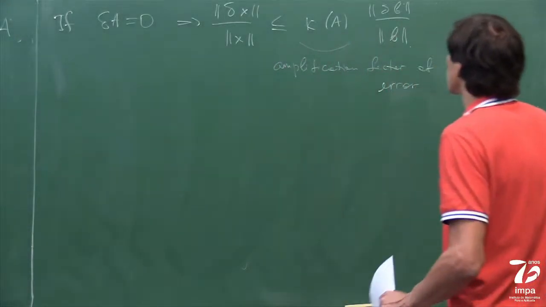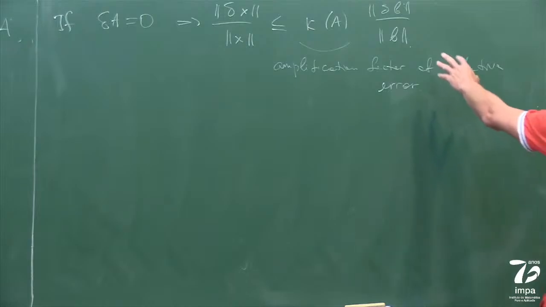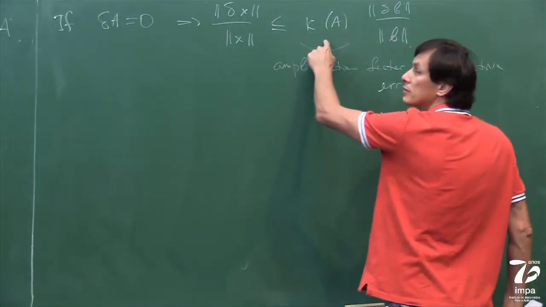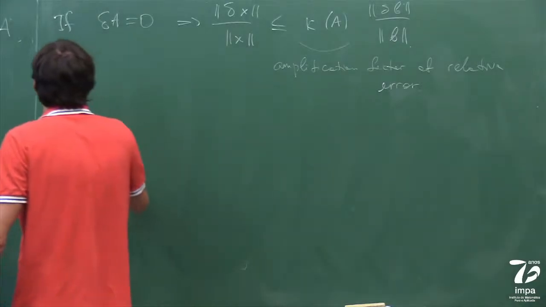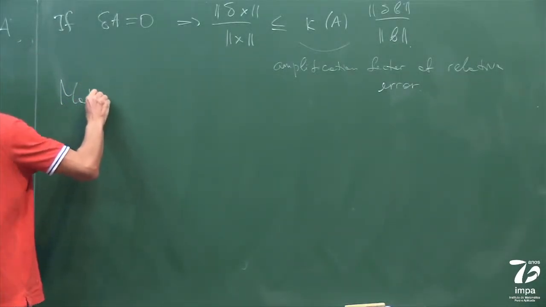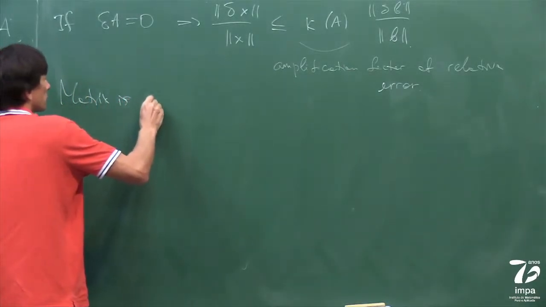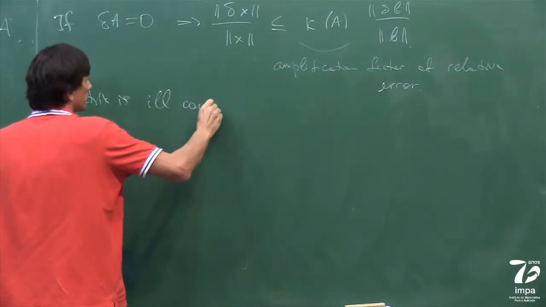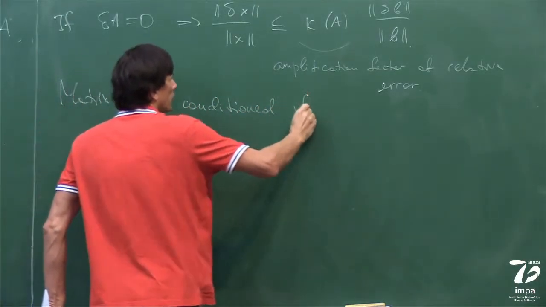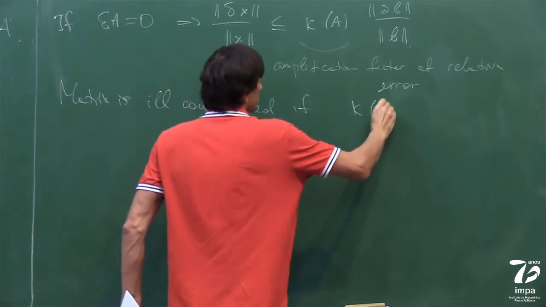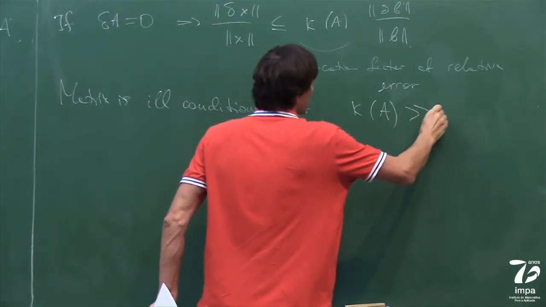So whenever your right-hand side is given with a certain error, this error will be amplified in the solution this number of times. It means that the matrix is ill-conditioned if the condition number is much bigger than 1.